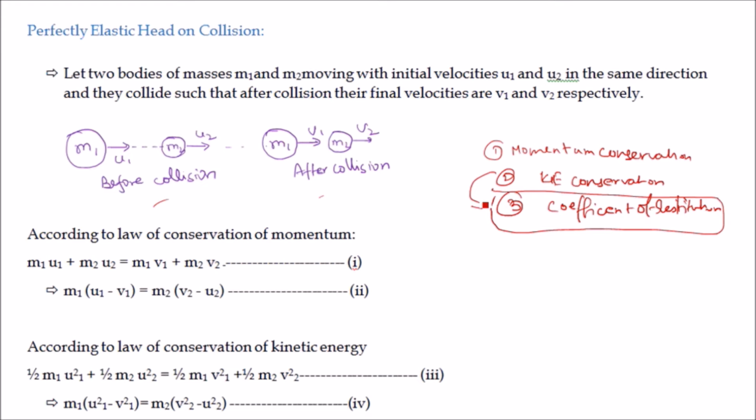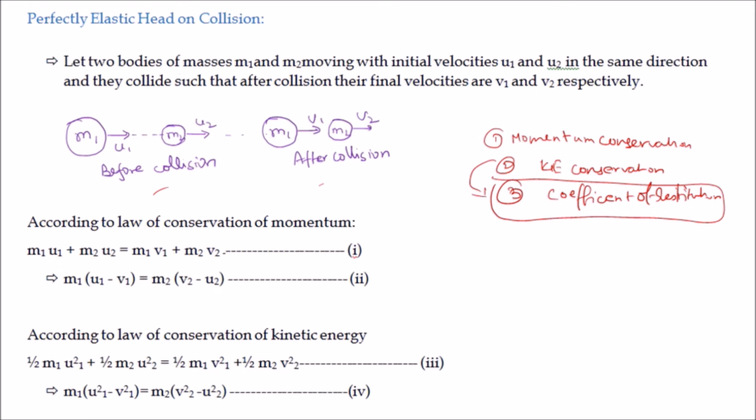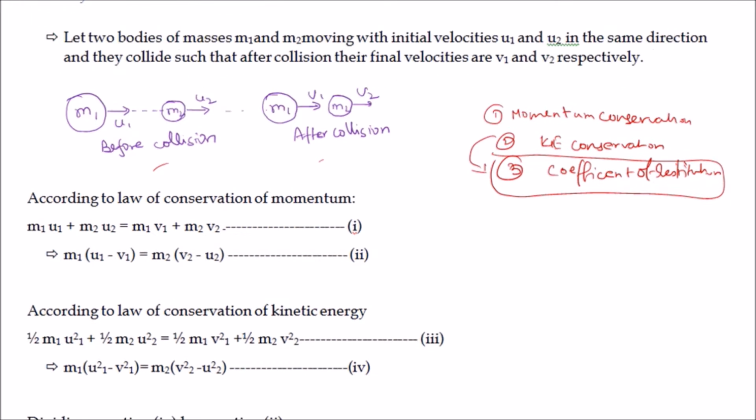First we are applying the law of conservation of momentum, and as per this theory, the initial momentum must be equal to the final momentum, as the collision is termed an internal phenomenon, or the forces in the collision are termed internal forces.